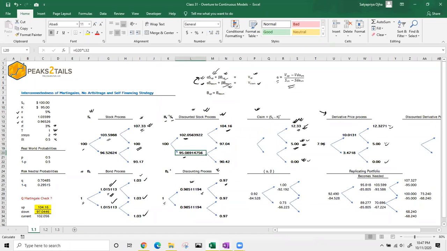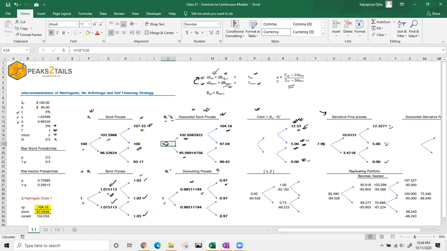Now, Martingale tells something more. It is saying the last known value. That means if I'm standing here today, which is exactly what this whole case is all about, I don't know anything in future. I'm simulating or modeling. I only know the values today, which is 100. Tomorrow it can be anything.